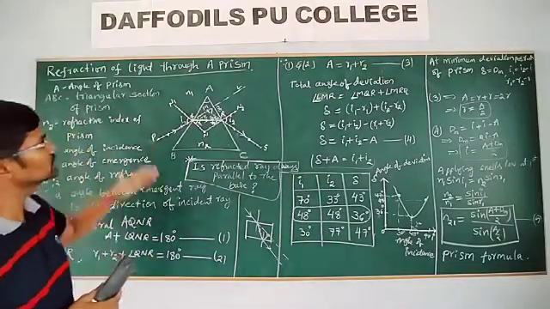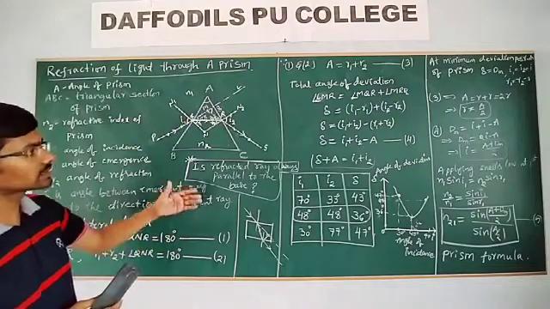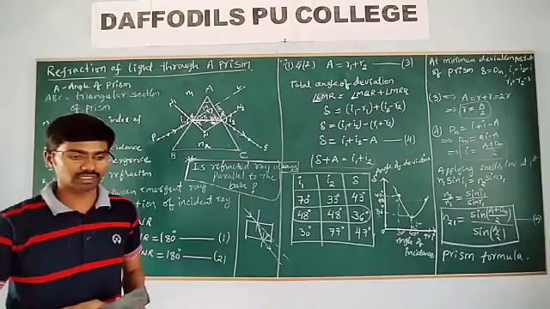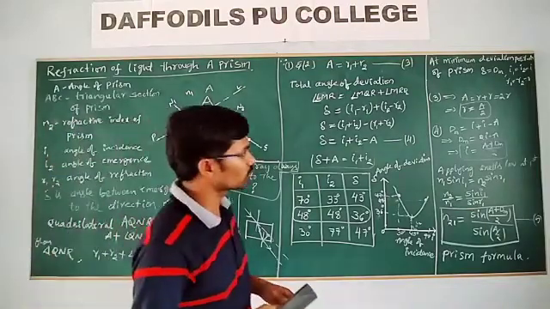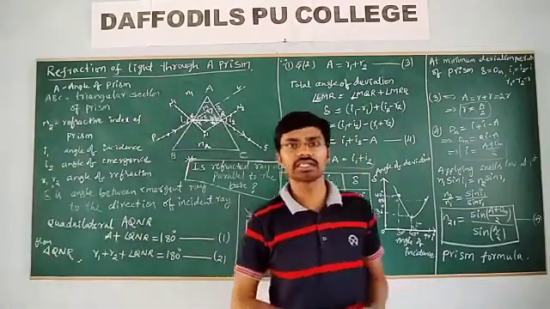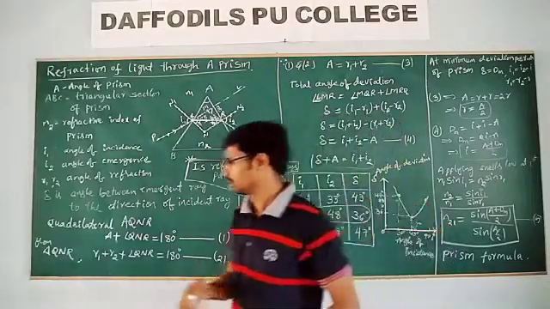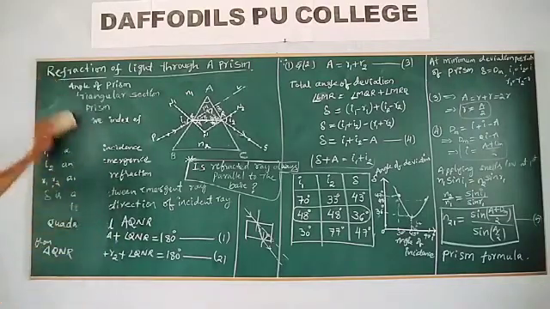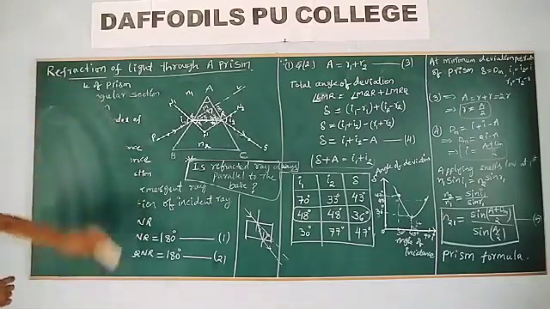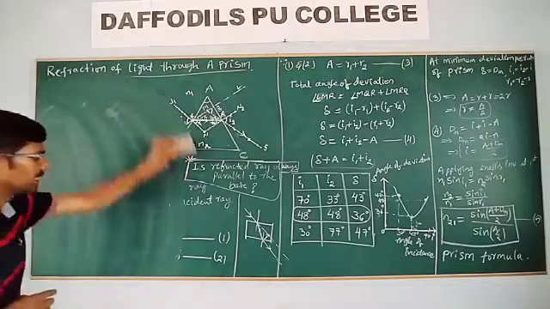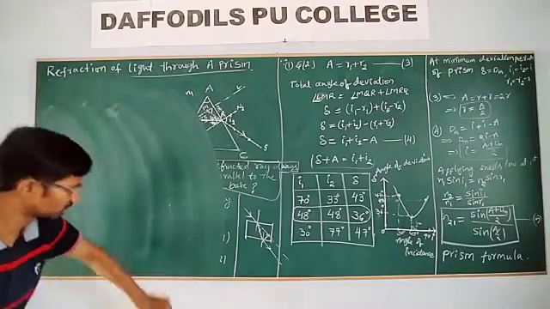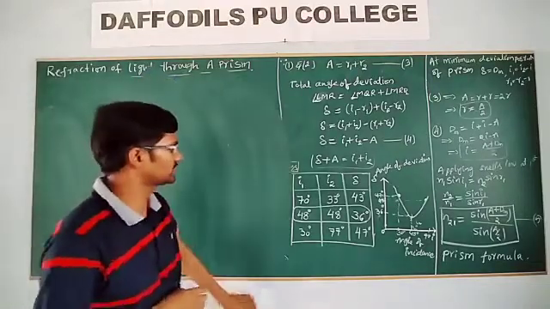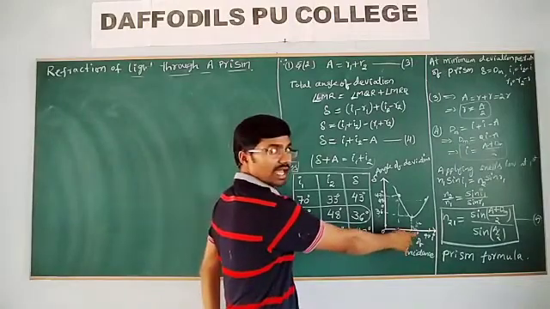I hope you understood this prism formula and the concept behind this prism, how the light is refracted. Let me discuss the factors affecting the deviation of the prism. We already studied that the angle of deviation changes with the angle of incidence.